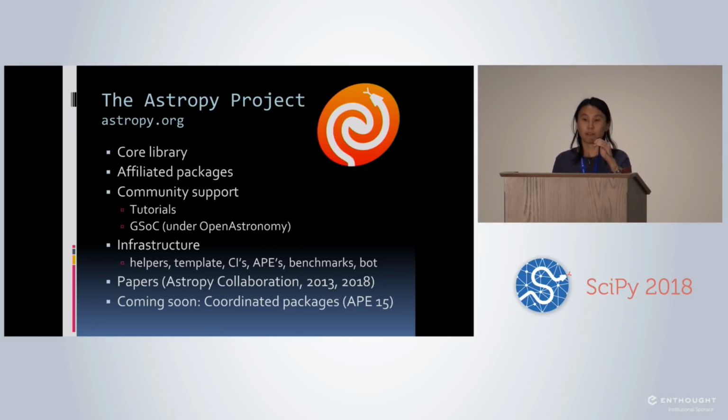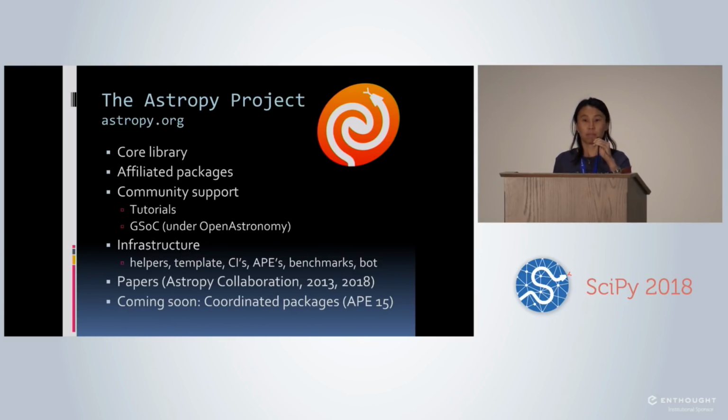We, of course, also have to support our own infrastructure. We have helper packages, a package template, not unlike the cookiecutter presentation you saw a few days ago. We have continuous integration. APE is the Astropy Proposal for Enhancements. It's kind of like PEP, but for Astropy. Benchmarks, and a bot that we love.